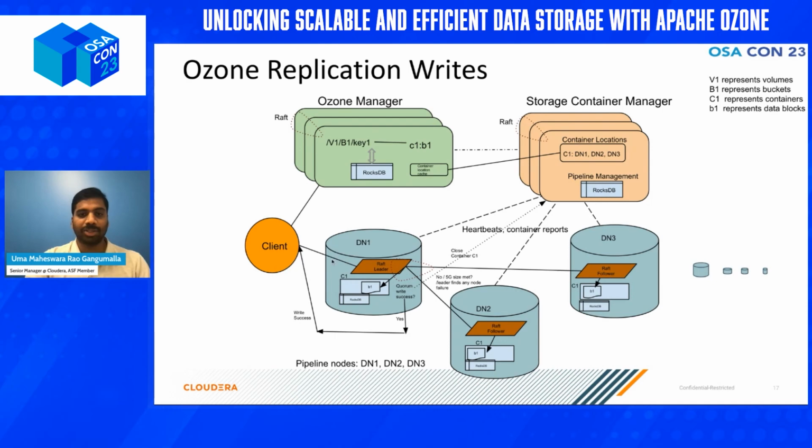Each data node picks based on the replication; for three replication, they themselves form a Raft group, and the client will pick one of the pipelines and send the data to that Raft group leader. The leader will forward that data to the followers. That is the write flow. Then the client commits the length up to where it committed into the block to the Ozone Manager, and the Ozone Manager keeps track of the length of the block.